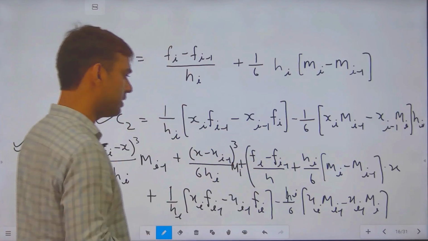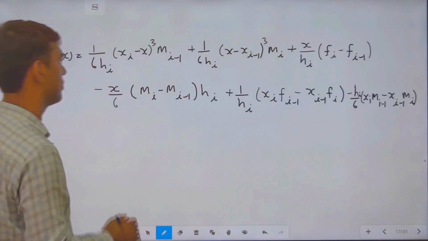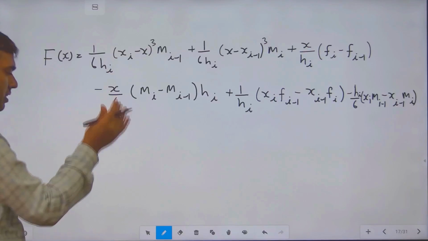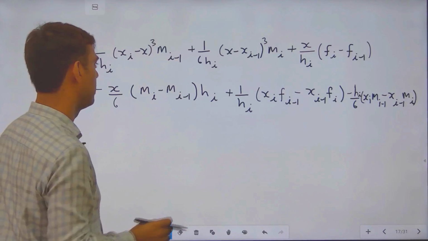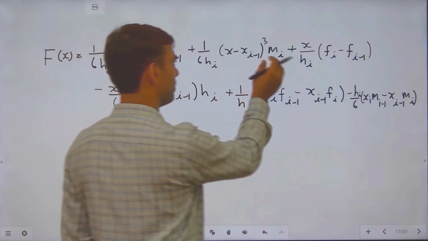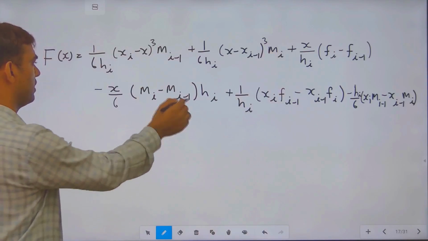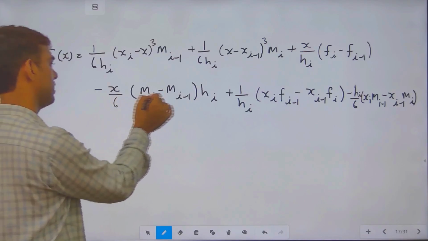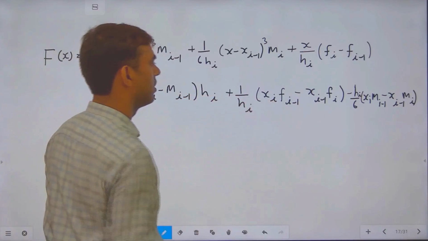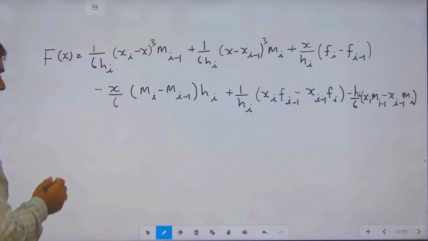If we simplify this expression, then we may write it in this form also. In this form we arrange the terms of (x_i minus x) M_{i-1} at one place, and M_i at one place, and the coefficient, h_i by 6 M_{i-1}, at one place, then we are able to write it in this form. We may also write this in another form.